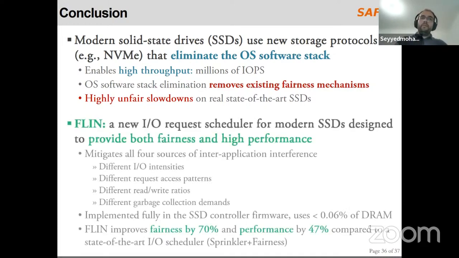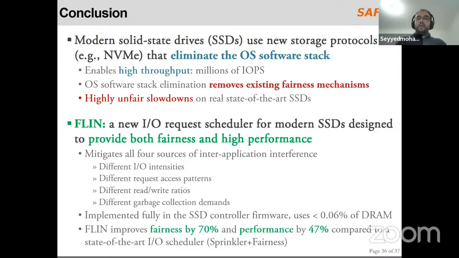So we propose FLIN, a new I/O request scheduler for modern SSDs designed to provide both fairness and high performance. FLIN mitigates all four sources of inter-application interference: different I/O intensities, different request access patterns, different read-write ratios, and different garbage collection demands.